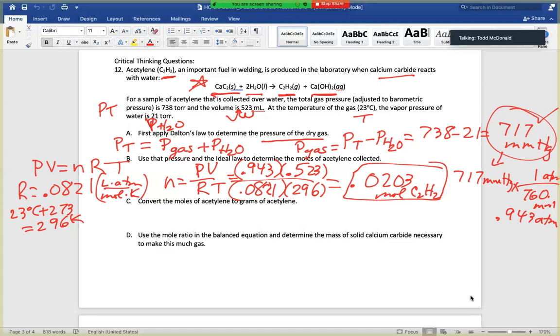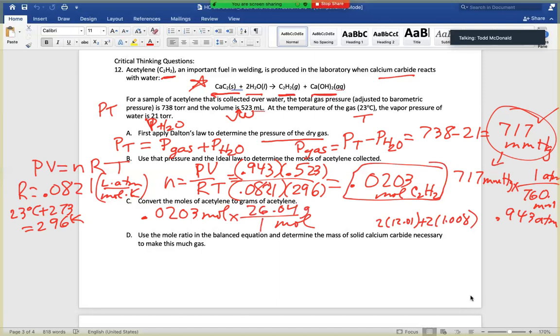The next question says convert these moles to grams. So 0.0203 moles. We need a molar mass of acetylene. All we need to do is 2 times 12.01 plus 2 times 1.008 on a calculator. So 12.01 times 2 plus 2.016 gives me 26.04 grams per mole.